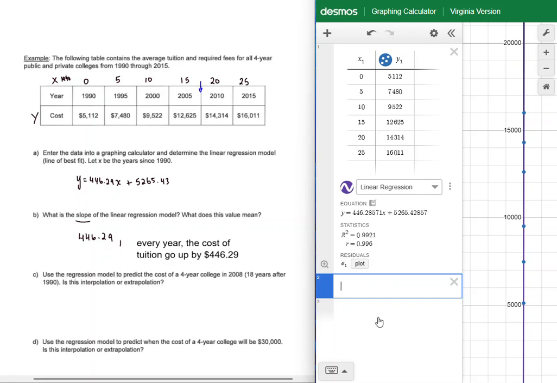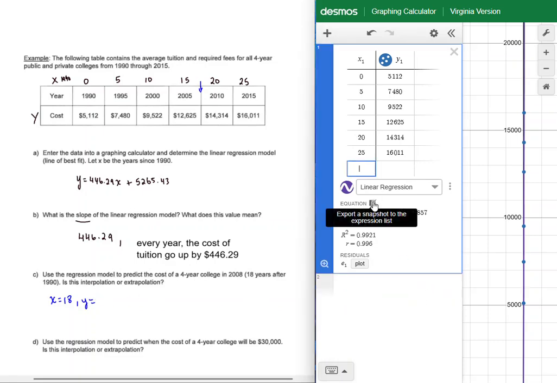I can do 2028 minus, since my starting year was 1990, it's 38 years. Oh, 2008, my bad. Yeah, 18 years, okay? So when my x is 18, find what y is equal to.